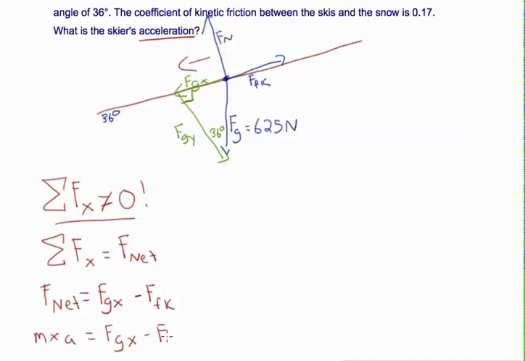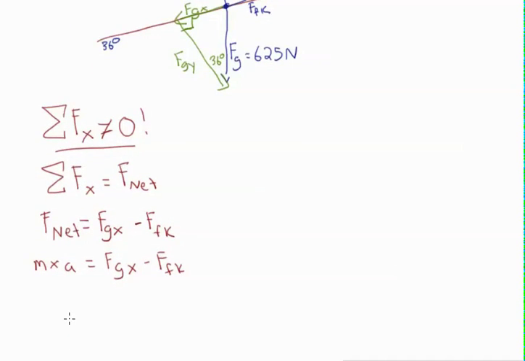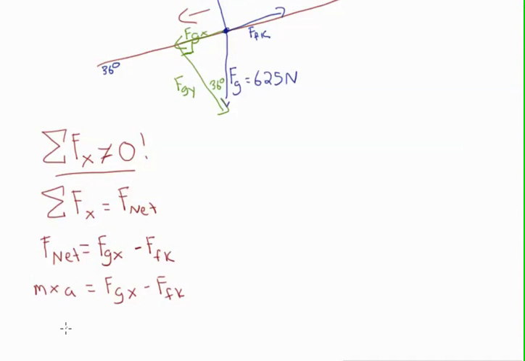And we know the whole point of this is to solve for acceleration. So we can even further say that acceleration is equal to FGX minus FFK divided by the mass of the skier. So right there we've derived the equation we need to solve this problem.